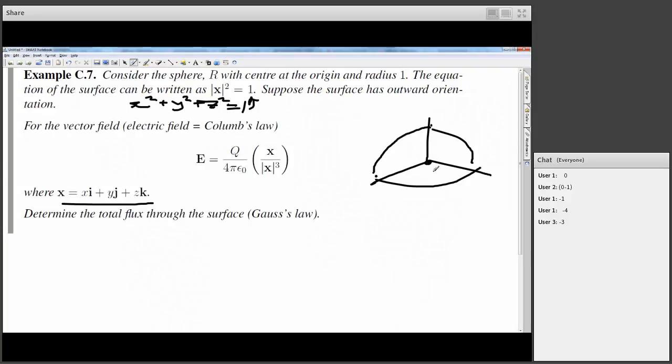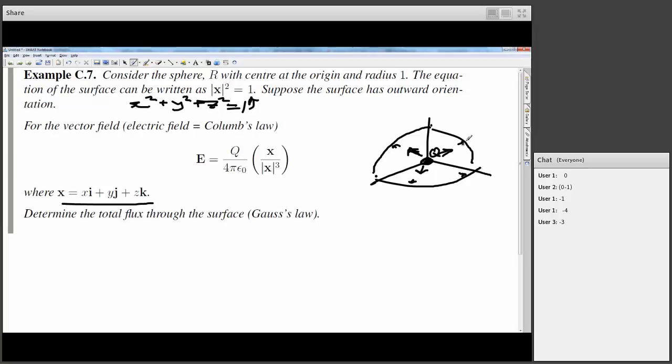I'll just consider some various points. If you happen to have a charged particle with a charge of q in the middle here, then you have an electric field. And if it's a positive charge, then the field is really strong and pushing away, but it gets weaker as it goes further away.